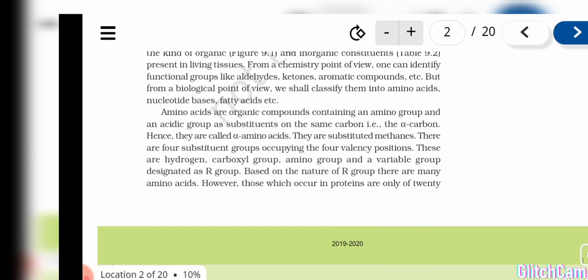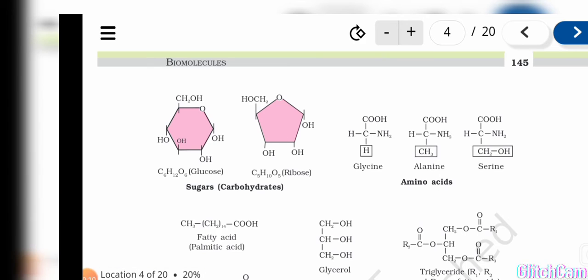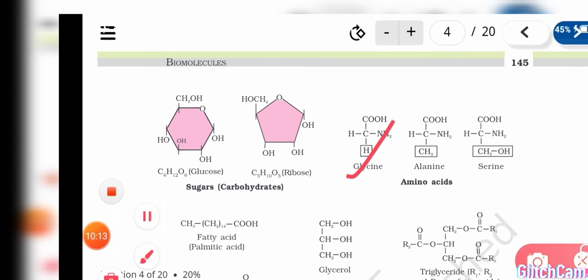So they are substituted. The hydrogen atoms in the methane are substituted by different groups like the amino group or the acidic group. Understood? So like this, here you can see different amino acids like glycine, alanine, serine.